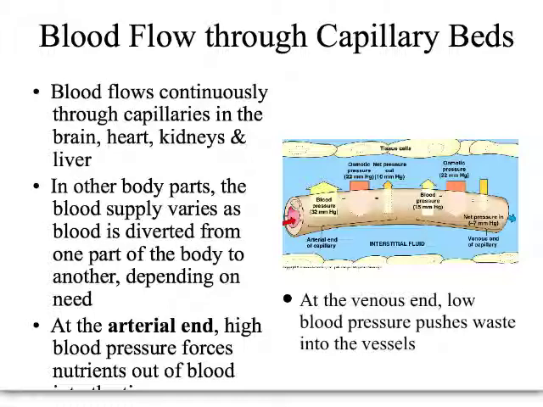Now, when we take a look at the capillary beds kind of at a microscopic level, we can see that there's an arterial end and a venous end. An arterial end is the end that's basically attached to the arteries that's branching off. And so in that end, we have pretty high blood pressure still from the force of the heart pumping the blood down the arteries.